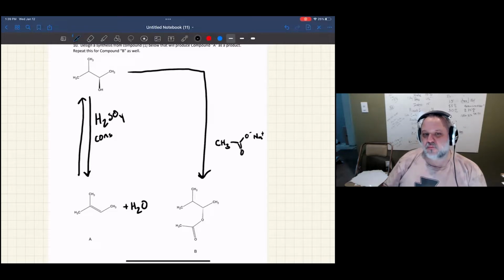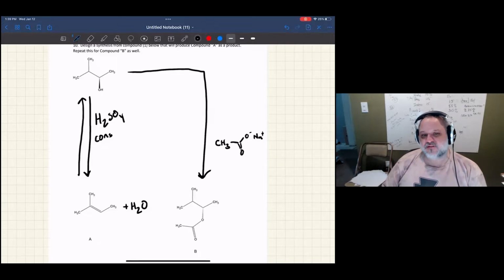I can have a strong nucleophile with this negatively charged conjugate base of acetic acid. In order for this conjugate base of acetic acid to act as a nucleophile, I still need the alcohol to be a good leaving group. Now, in the previous example, we reacted the alcohol with acid to turn it into water to make it a good leaving group.